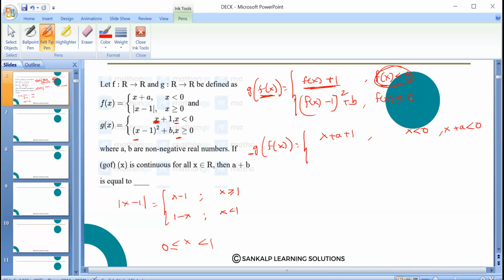But f of x greater than or equal to 0, this we are breaking into two parts. One is mod of x minus 1 less than 0, but x will be greater than or equal to 0.